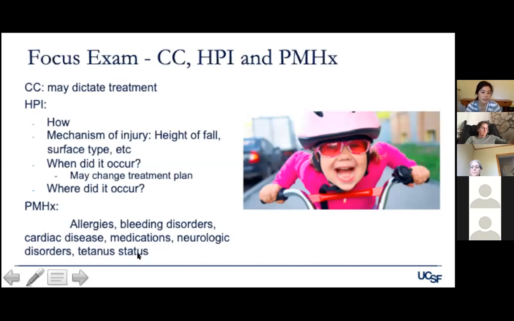And then tetanus status. If the injury occurred in a dirty area, if the tooth fell in dirty soil, we may need to give a tetanus booster. And usually that's recommended within 48 hours. So if they're in the ED and have an injury, that's something that we could do there.